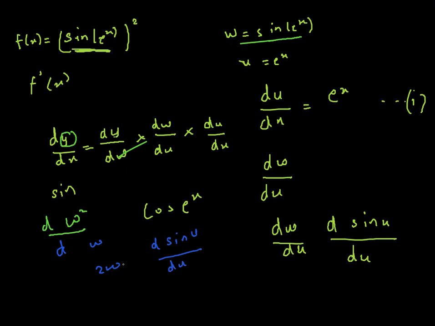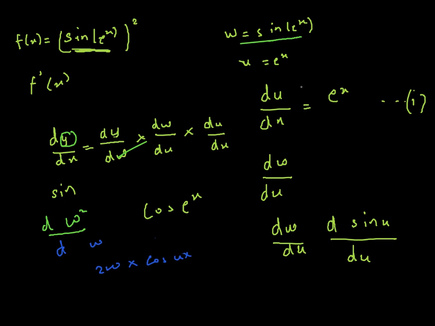We are differentiating it, and we find that it becomes cos of u, because the derivative of sine x is cos x. This is multiplied by cos of u into du by dx.